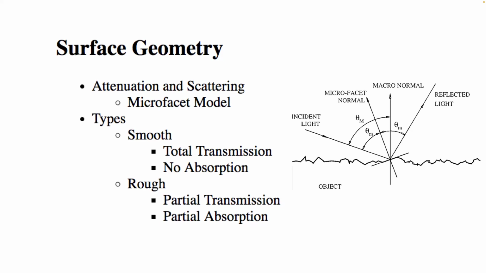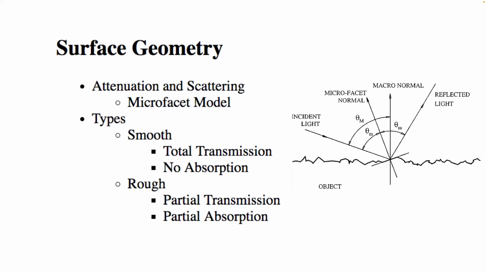There are two types of surface geometry. There is very smooth geometry, where the surface is smooth like a mirror or plastic, and there are rough surfaces, like materials such as chalk.